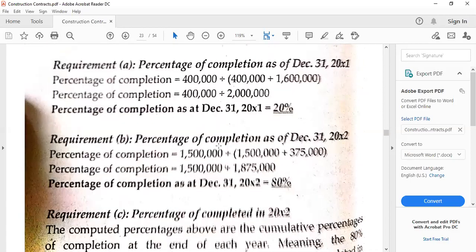So to compute, that would be 1,500,000 divided by 1,875,000, and we get 80%.